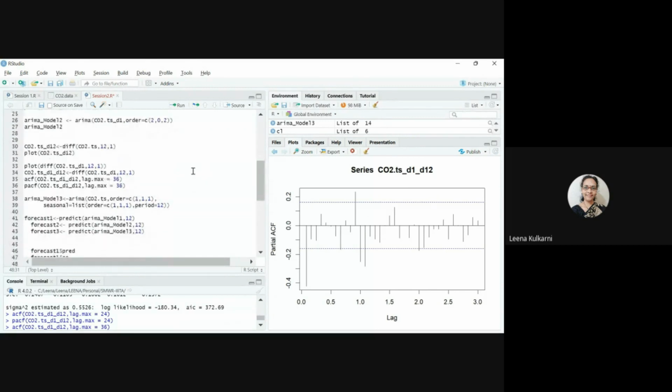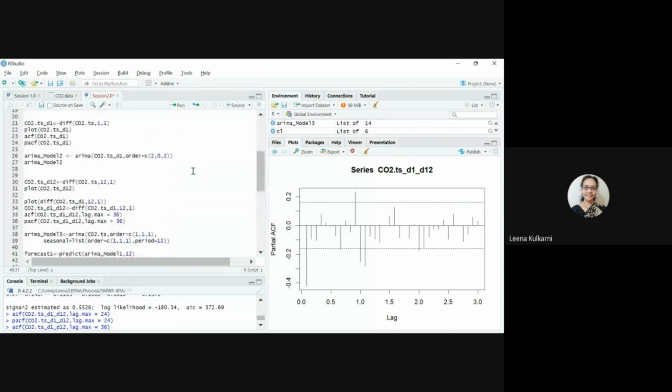Here is the first order difference, and write this command. I have posted it in the chat anyway. Since it is non-seasonal, the first one denotes non-seasonal and the second one denotes the order of differencing. It is the first order non-seasonal differencing.